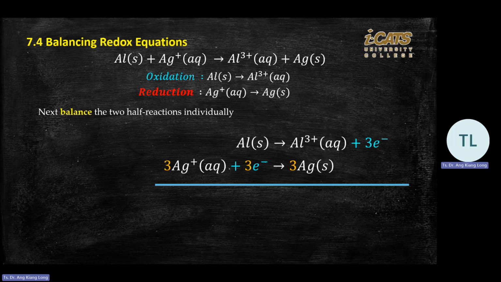Find the sum. Before you find the sum, you need to show me in your steps to put in the blue arrow like what I see on the screen here. You need to use your pen and cancel the electron. This is the step we are looking for. In the final exam, we will be very strict in the marking.